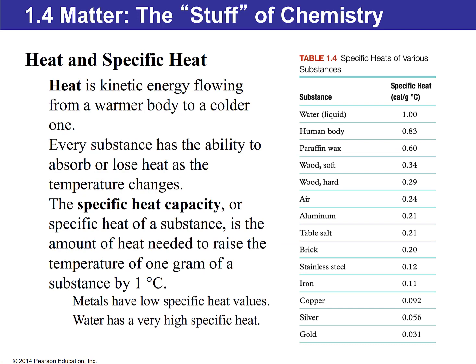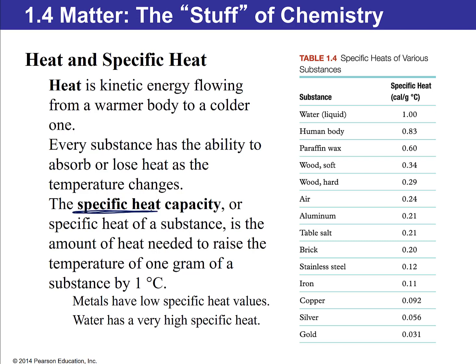So substances have an ability to absorb and release energy as they change temperature. So if you think of these molecules as vibrating, when they begin to slow down their vibration, it's because they've released energy. If they begin to vibrate more, it's because they've absorbed energy. So their ability to do that is what's called specific heat.